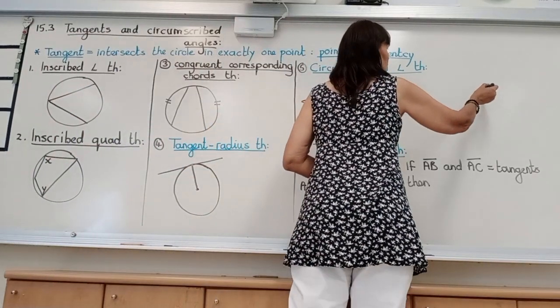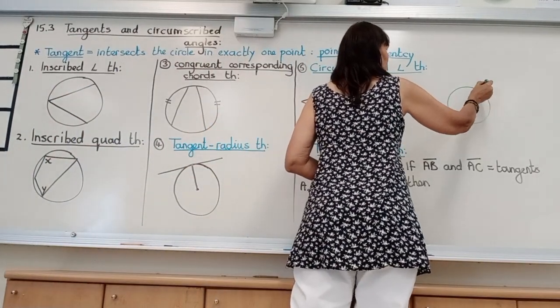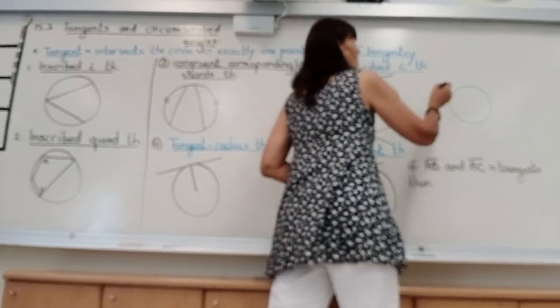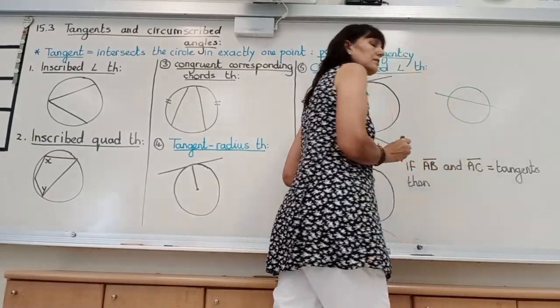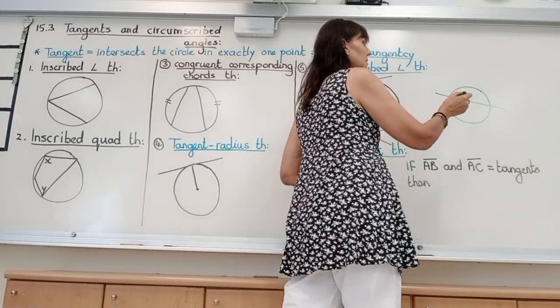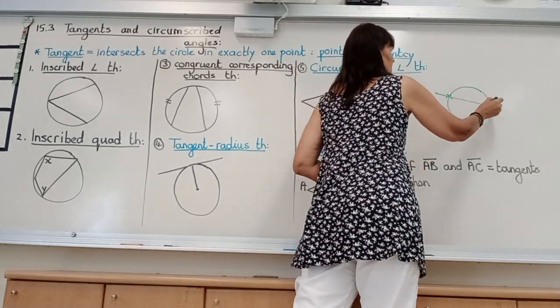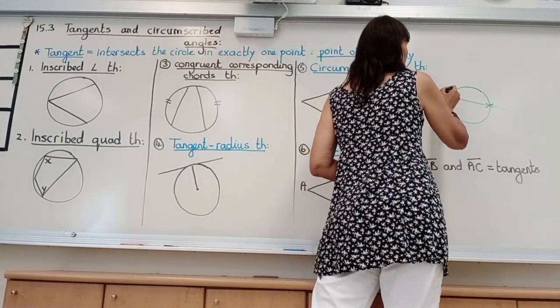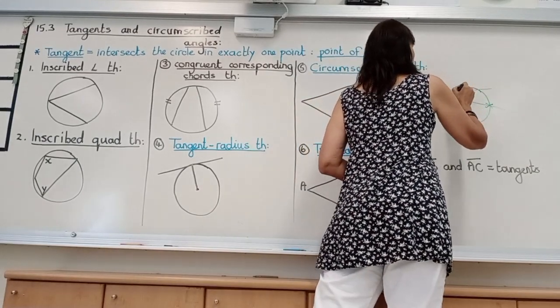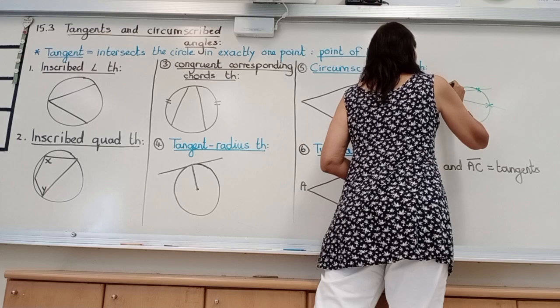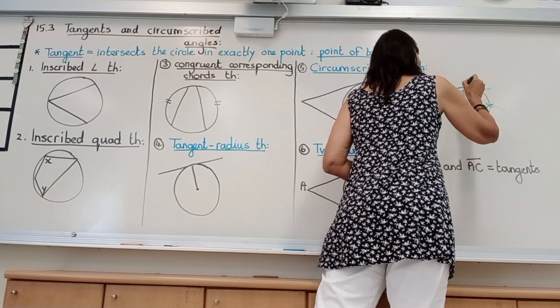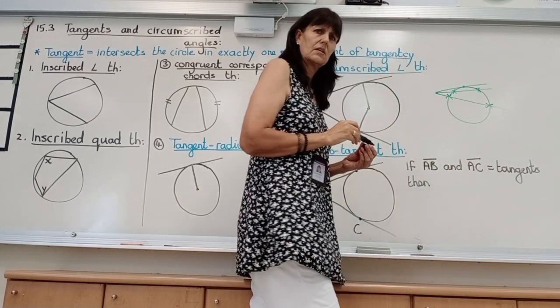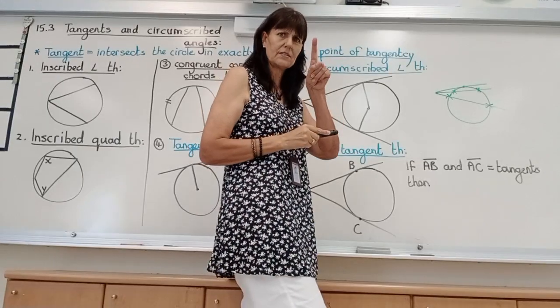So if I can quickly draw here, if we have any line or line segment going through a circle, it will always intersect the circle twice. But if I move this line, there it is, twice, and I move it a little bit further, it will only touch the circle once.